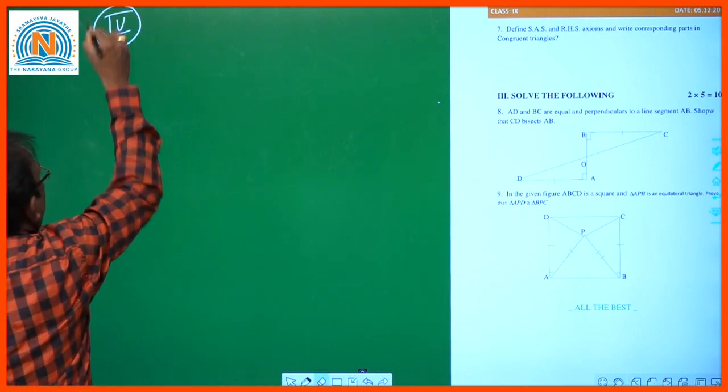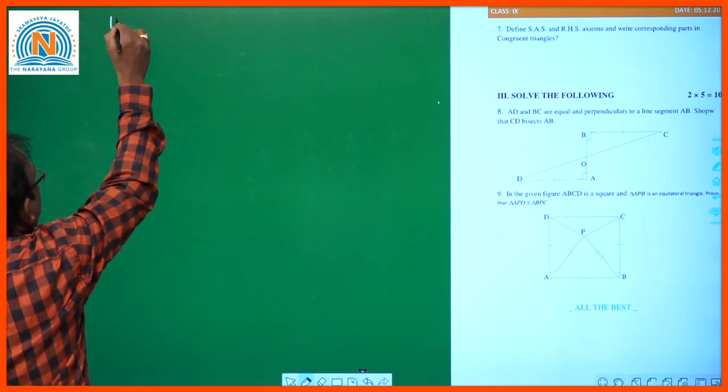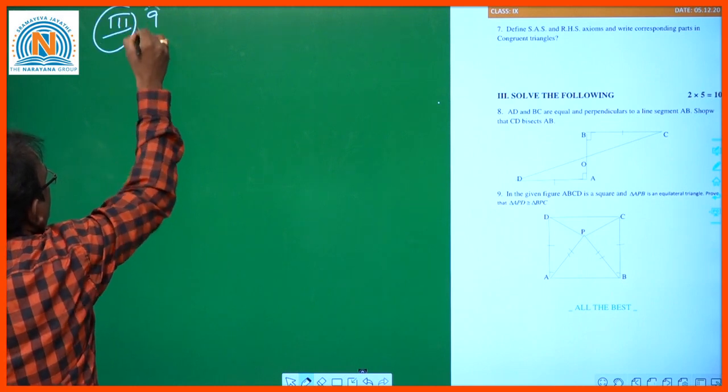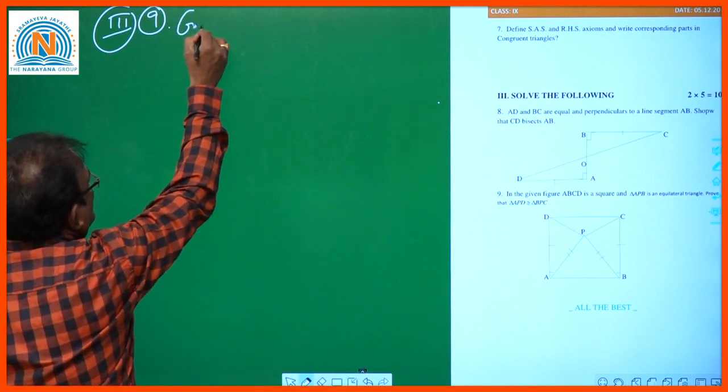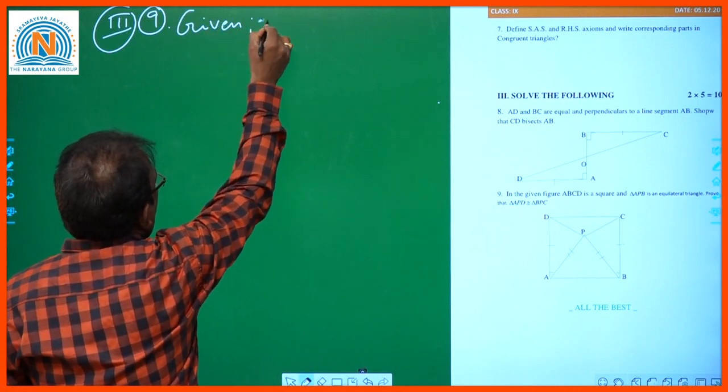Question number 9. They given one square. ABCD is a square.